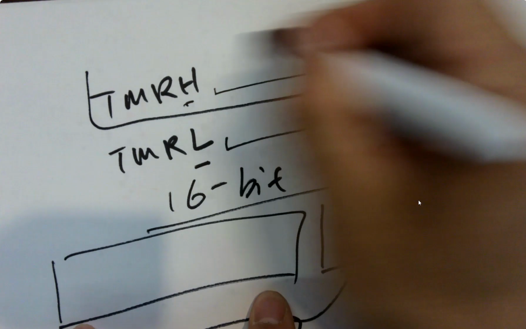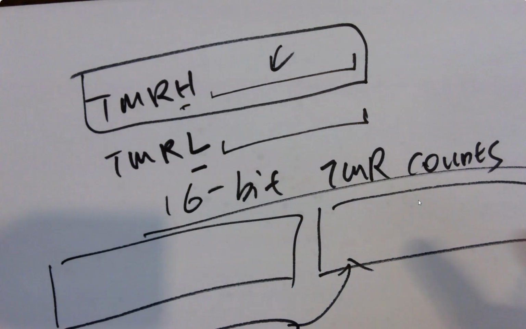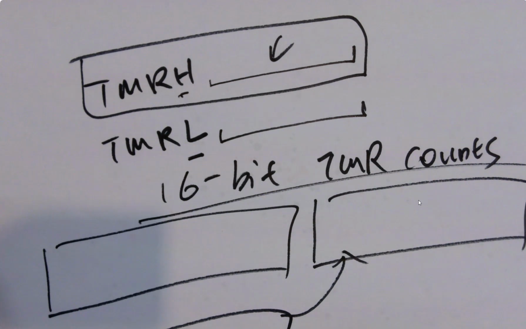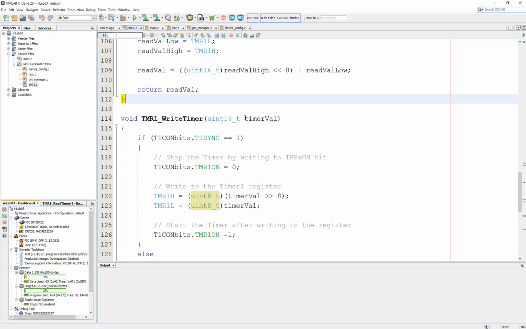So what does that mean? This is a bit register. Whatever number is stored in here has to be shifted by 8 bits. You are putting a 16-bit number into the function, a uint16_t.